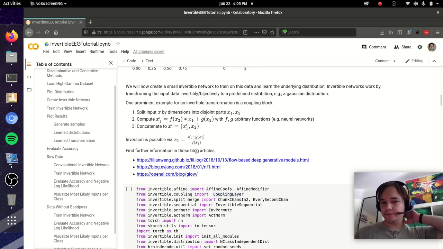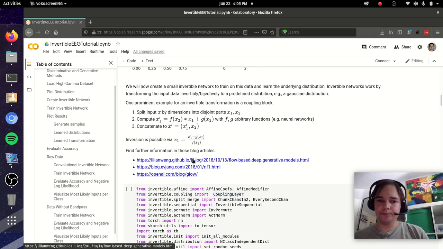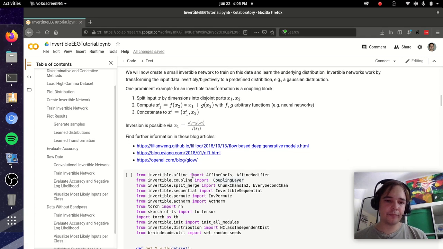And here I refer you to some blog articles which will discuss these and other transformations, because here we can only briefly touch upon all of these workings in the invertible network, because we also want to look a little bit at what they do on the EEG signal. And the final link here is also one very popular architecture for invertible networks called GLOW, that our models are also a bit inspired by.